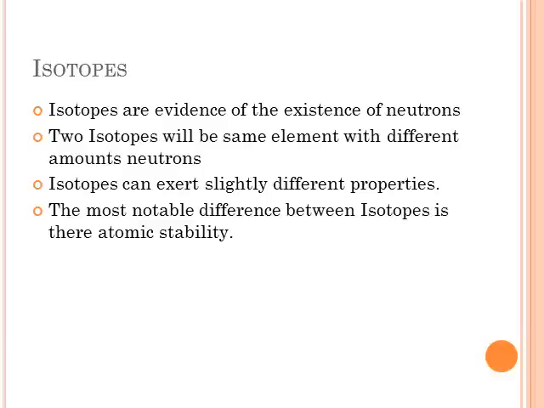They're neutrally charged. So two isotopes will be the same element but with different amounts of neutrons. Isotopes can exhibit slightly different properties, but the most noticeable difference between isotopes is their atomic stability, which is what we're going to talk about next. The main difference is that some isotopes are stable while other ones are not.